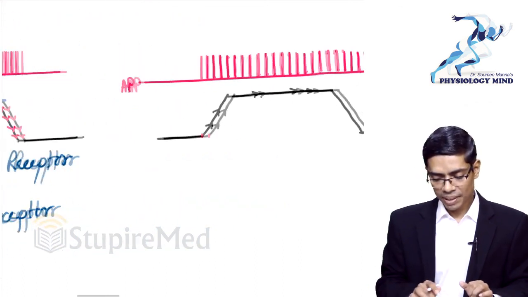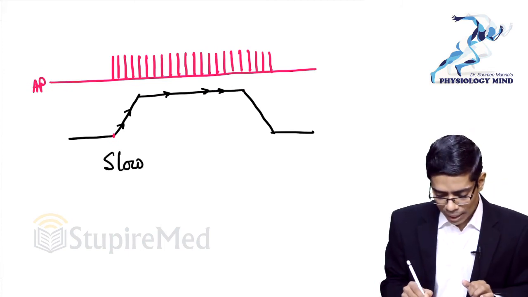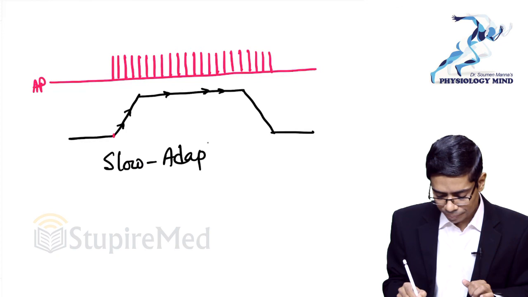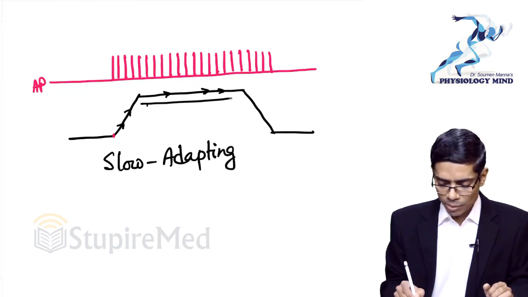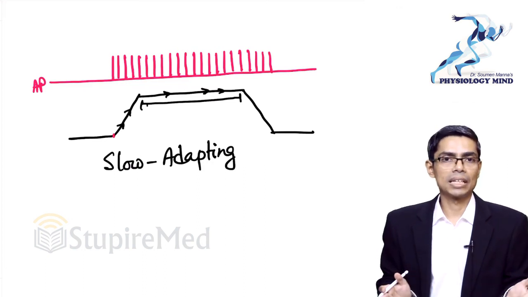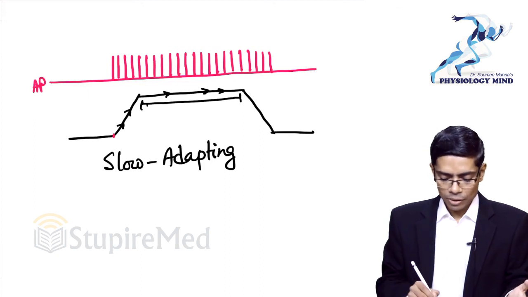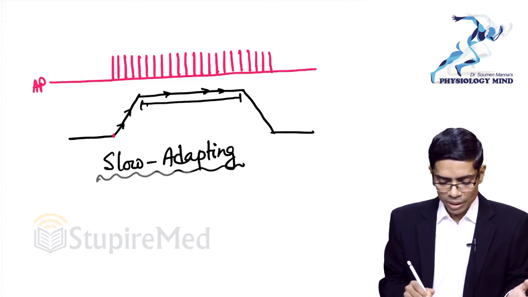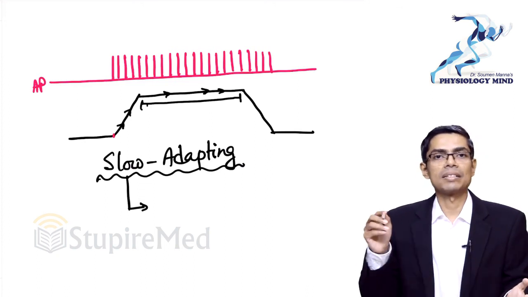On the other hand, this is a slow adapting receptor. How do you understand? If you hold the stimulus for a long duration it might adapt, but in this diagram there is no adaptation at all. So obviously they are slow adapting or late adapting receptors. They discharge continuously whenever you hold the strength of stimulus.